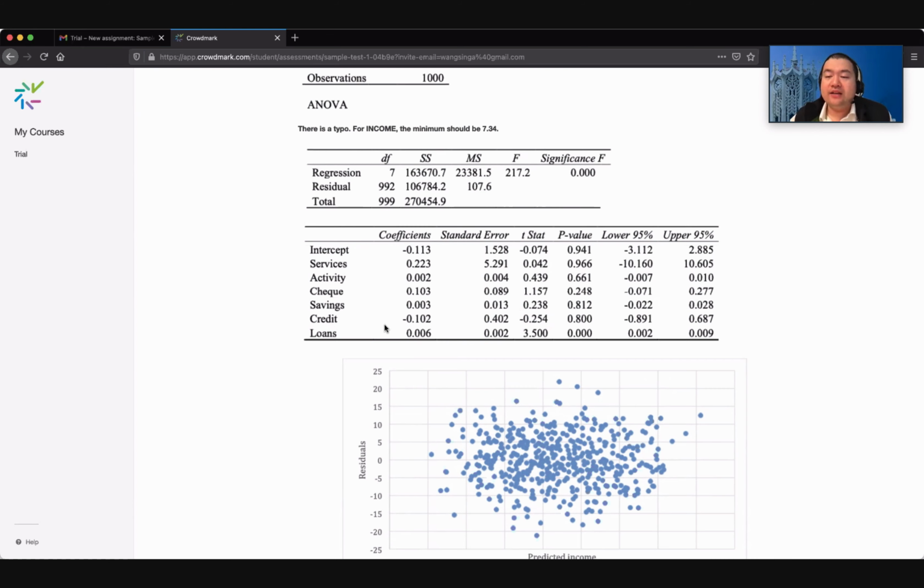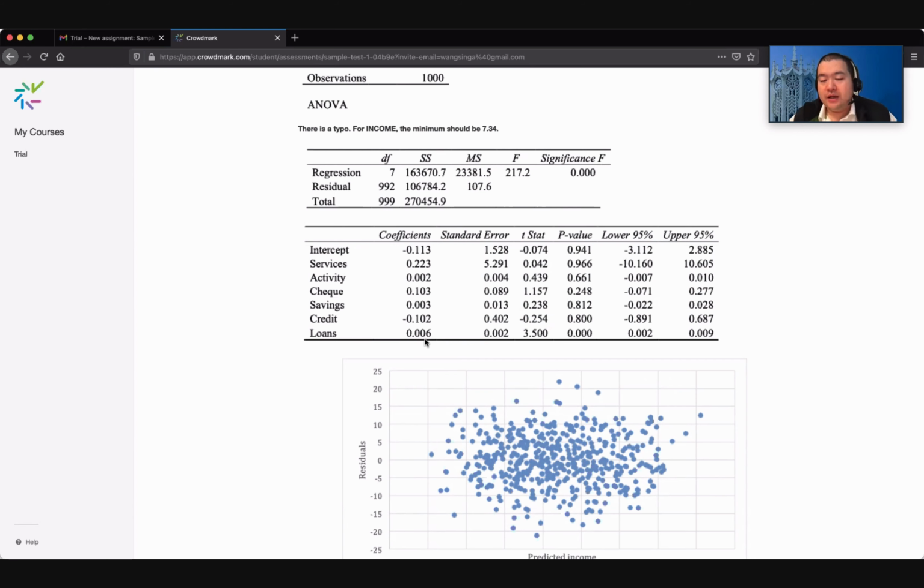I think it's better to say, I observe that when credit increases, the income decreases. So maybe, according to some financial literature, we can think about reducing the credits. Just to make sure, because we will be very careful about arguing causal effects.